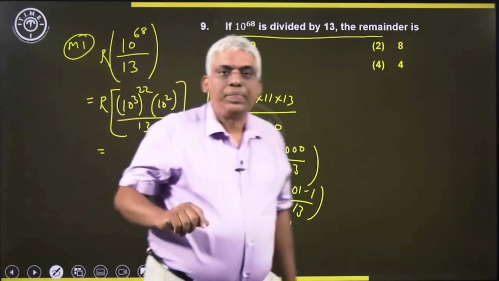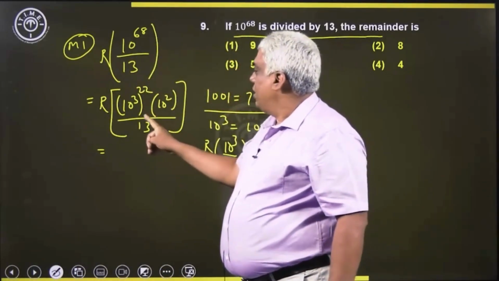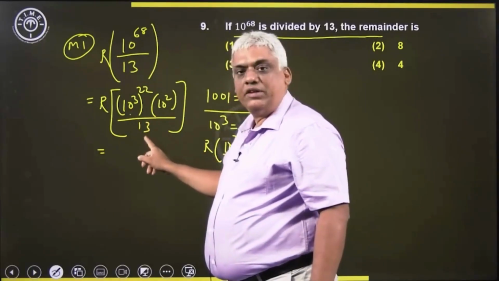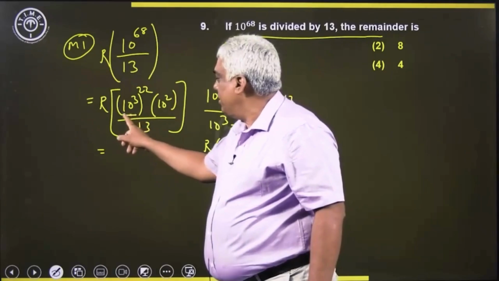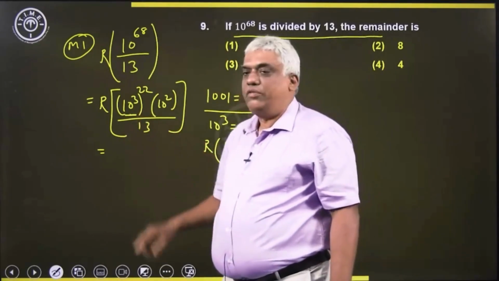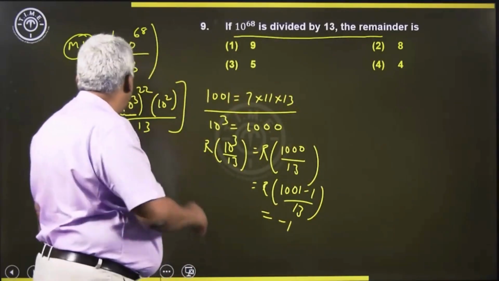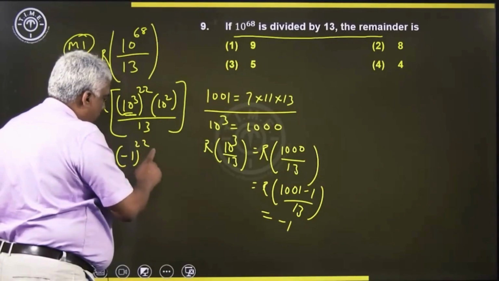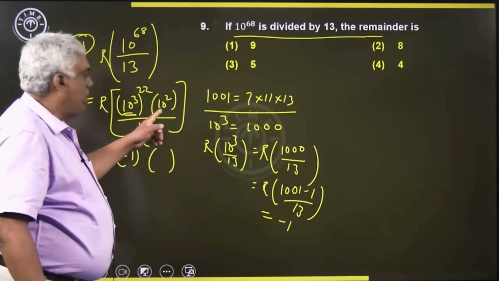We know that if this number into this number is divided by 13, the remainders get multiplied. So, 10 to the power 3 divided by 13, the remainder is minus 1. So, here we will get minus 1 to the power 22, right. Multiplied by the remainder here.